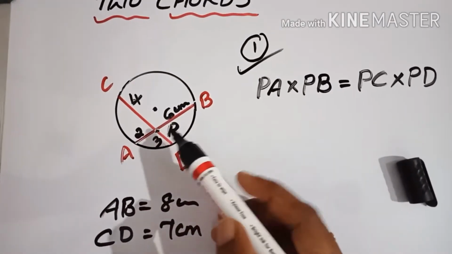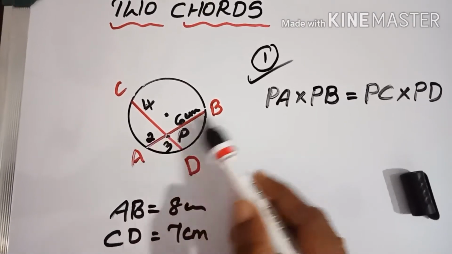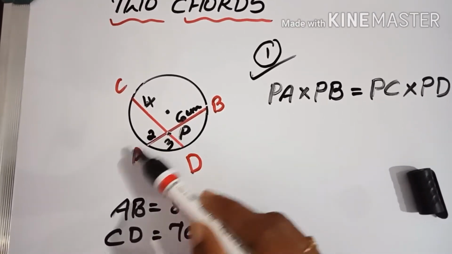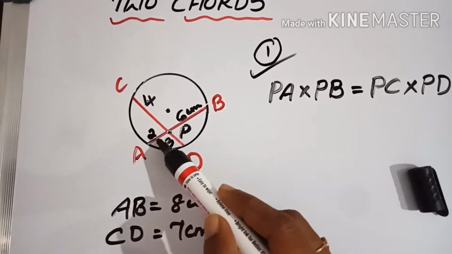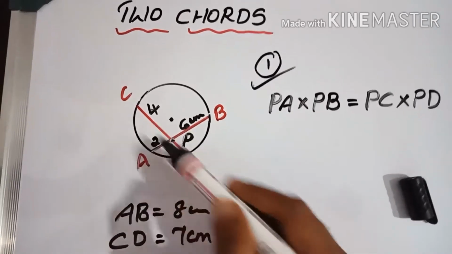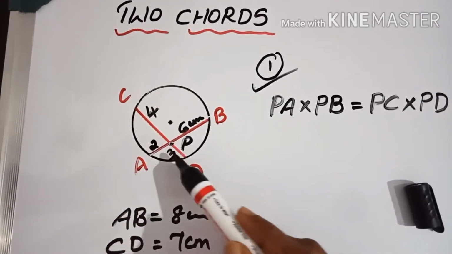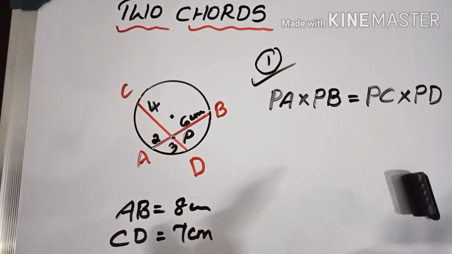These two chords are crossing at the point P. From this point P, the parts of AB are: A to P 2 cm, P to B 6 cm. In the chord CD, P to C is 4 cm, P to D is 3 cm. Suppose it is like this.